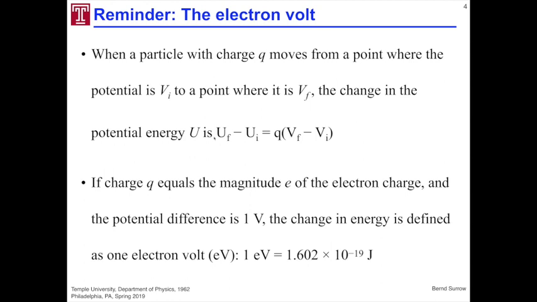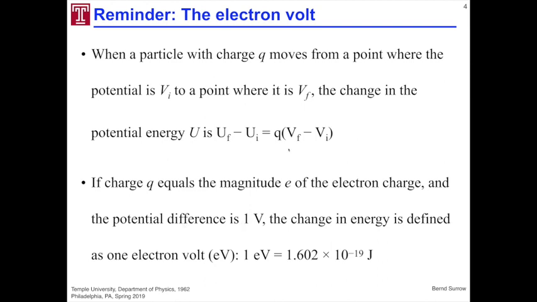And now there is a very special unit that you introduce if you're considering a charge equal to the magnitude of the electron charge. The electron charge is 1.602 times 10 to the minus 19 Coulomb. And imagine you would move such an amount of charge, the electron charge, through an electrical potential difference of 1 volt.